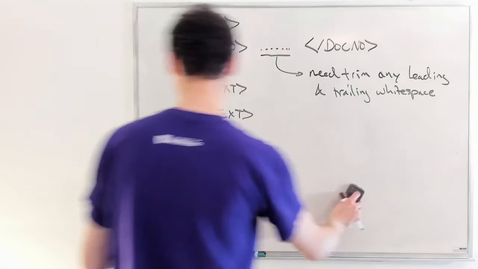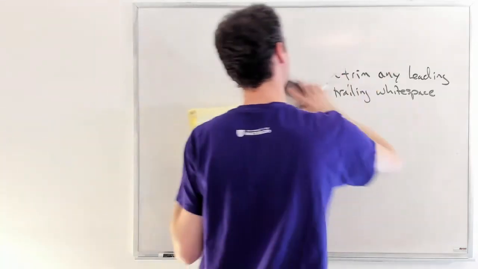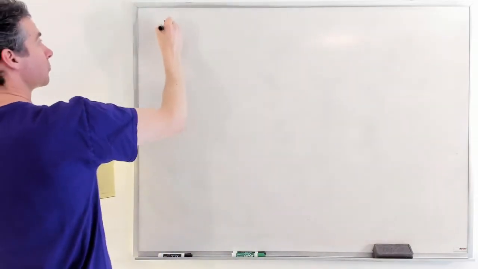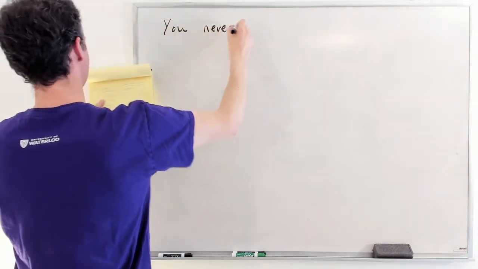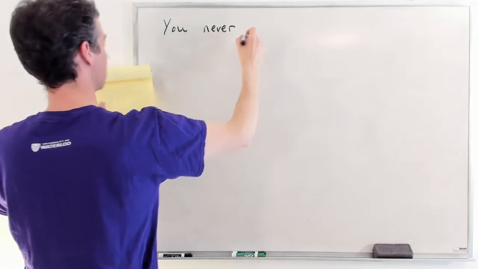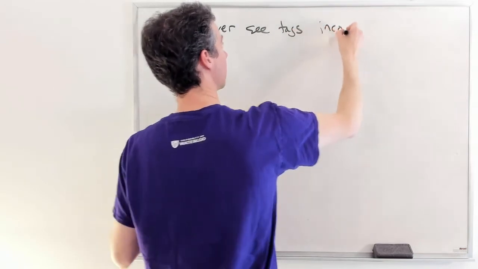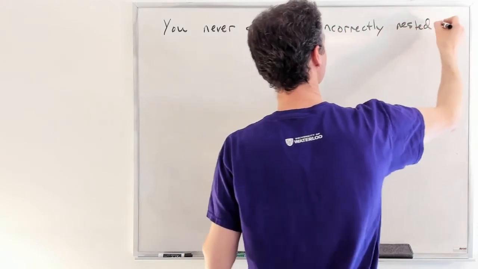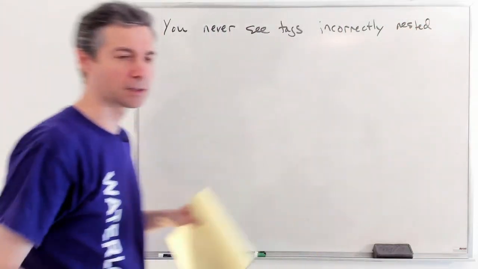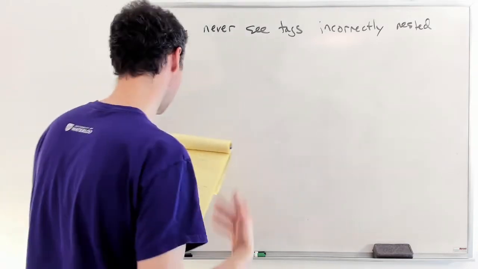Some things to note, for those who aren't familiar with XML or markup languages like that: you never see tags incorrectly nested. This is correctly formatted, so you don't have to be super robust in understanding it.